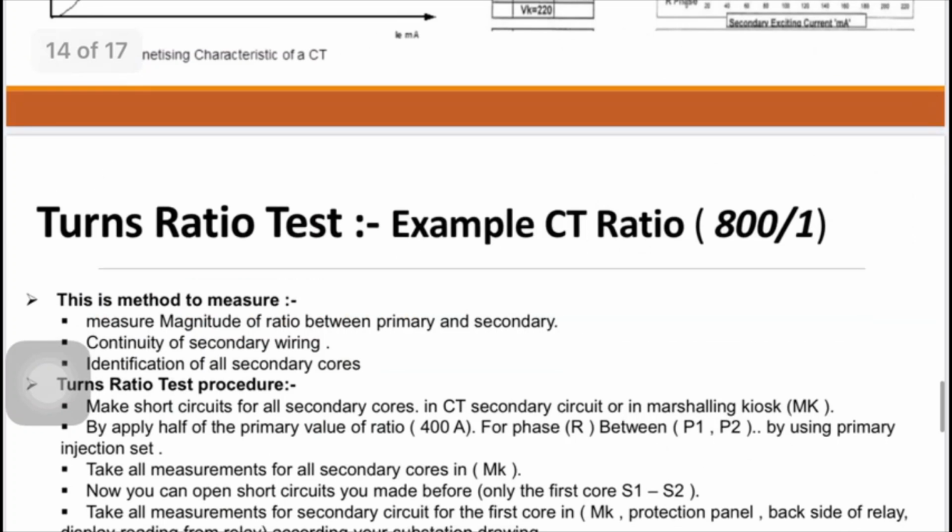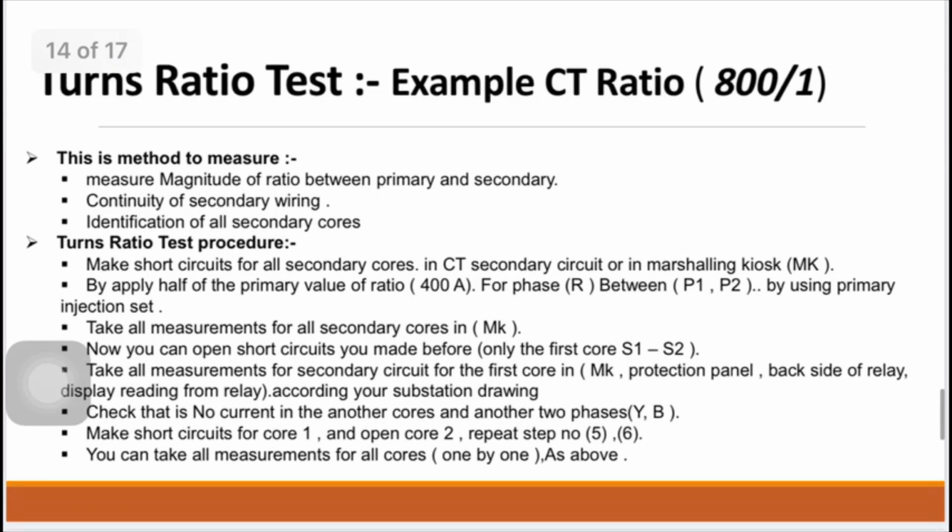The next one is the turns ratio. Let us take the example 800/1 ampere. If I flow 800 amps at the primary, the secondary should be 1 ampere.